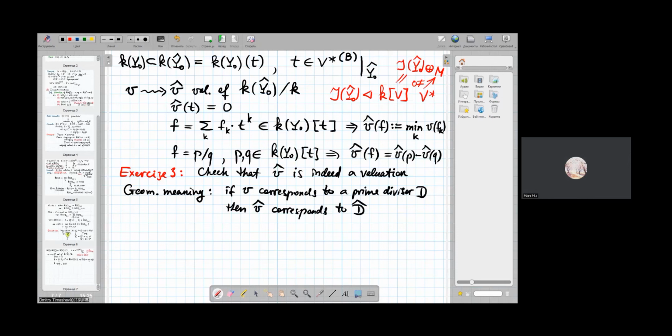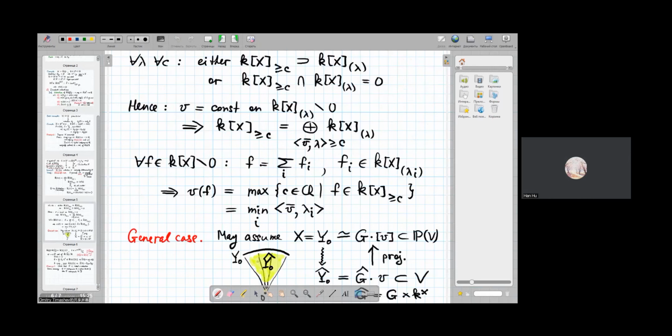So let me show this on this picture. If you have a divisor d in here, and your valuation v does not need G invariance, right? No. So far not. You are right.